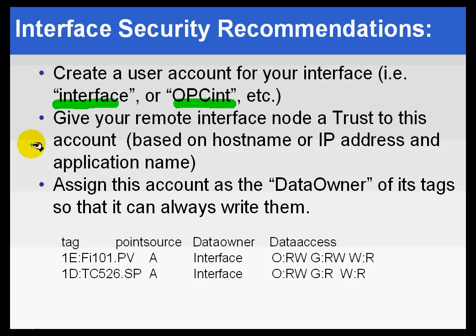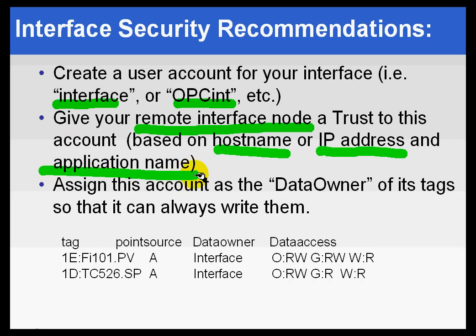Next thing you do is on your Pi server, a trust is always built on the Pi server, you would create a trust that allows your remote interface node to be granted permission to use the privileges of that account, and you can base that trust on either host name or IP address and application name.